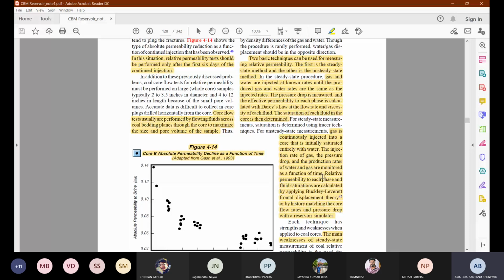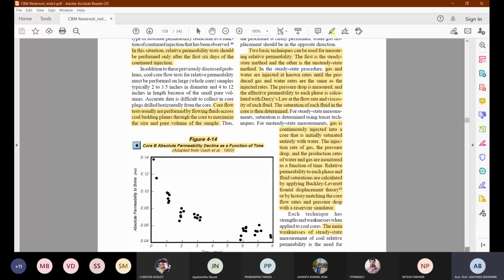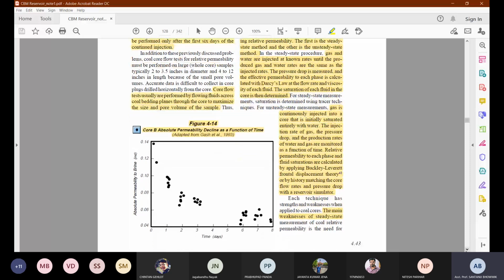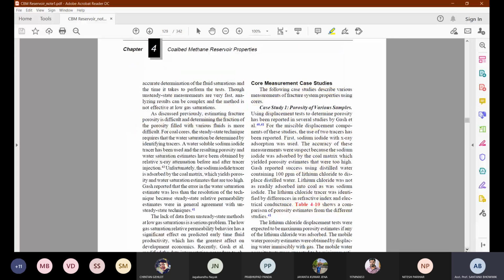It is very time consuming and much more complex. Whereas the main weakness of the unsteady state is that you have to calculate the relative permeability for accurate determination of the fluid situation. Okay, and it takes huge time. It is very complex, and it takes huge time.